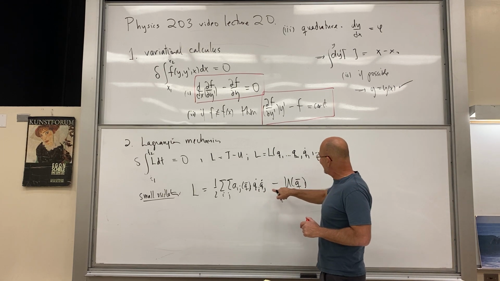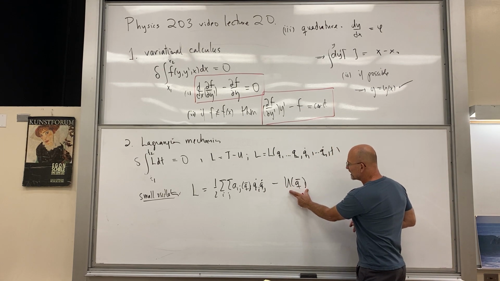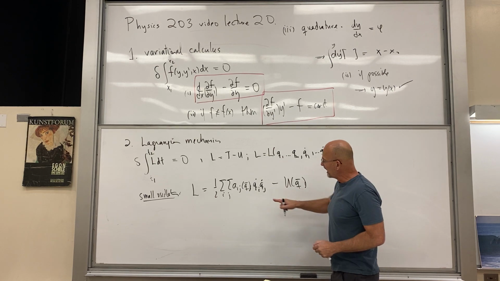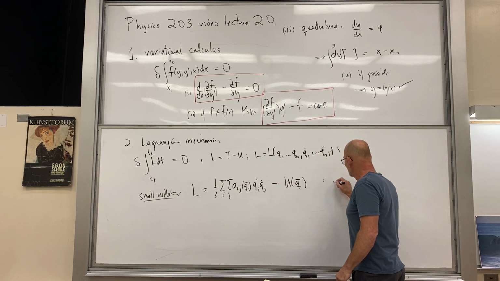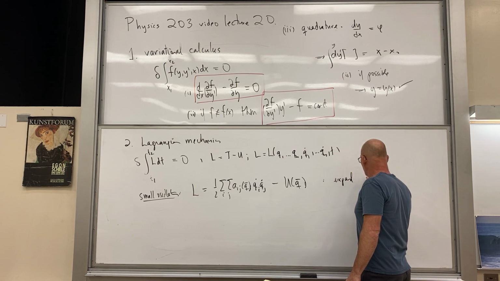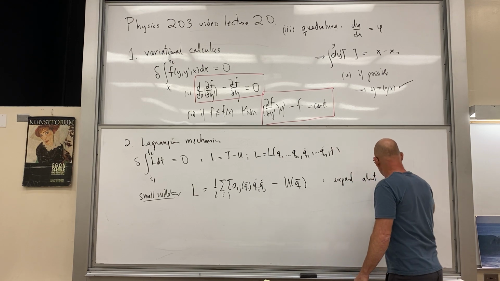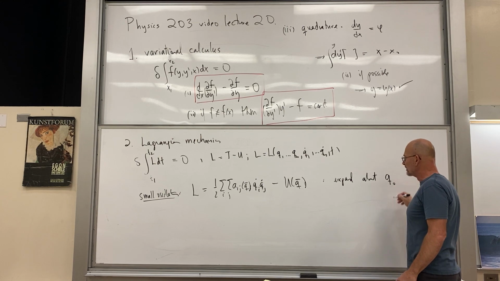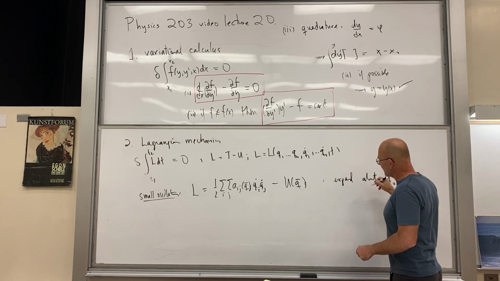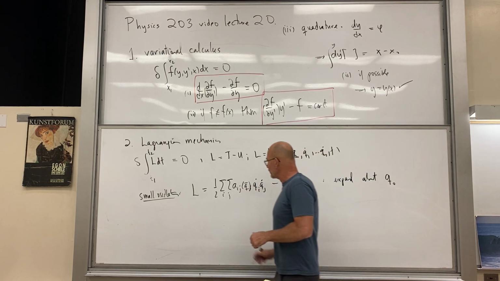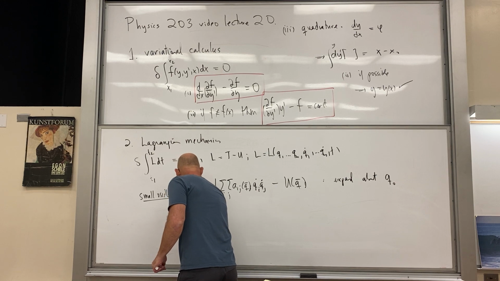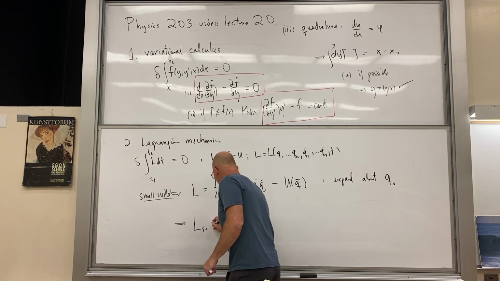And by expanding the potential energy about the equilibrium q0, and evaluating the kinetic energy at q0, we end up with the small oscillations Lagrangian, for which we have a complete solution theory.